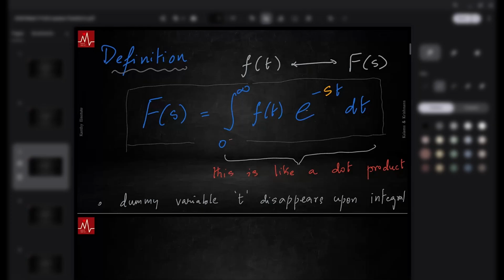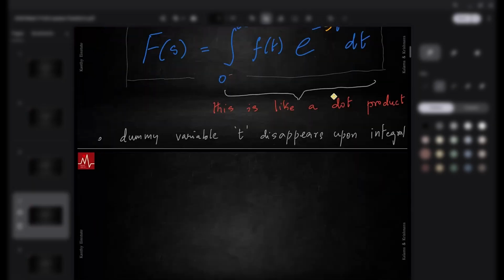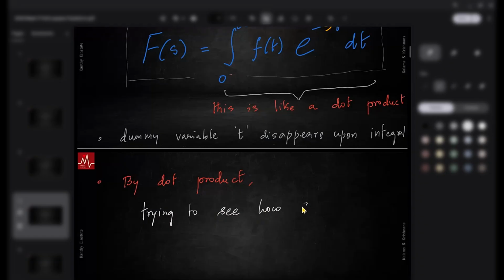That is, you are trying to represent f of t using exponentials. You are trying to see how similar f of t is to e power minus st. How similar is it to this exponential?